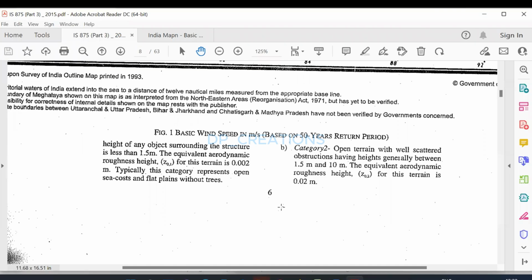The equivalent aerodynamic roughness height Z0 for this terrain is 0.002 meter. Typically, this category represents open sea coast, flat plains without trees.